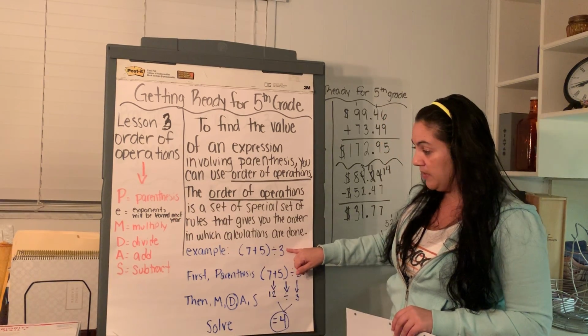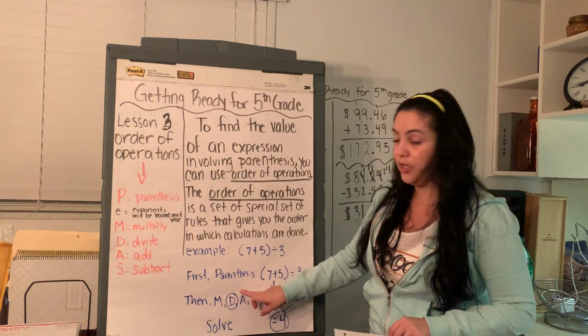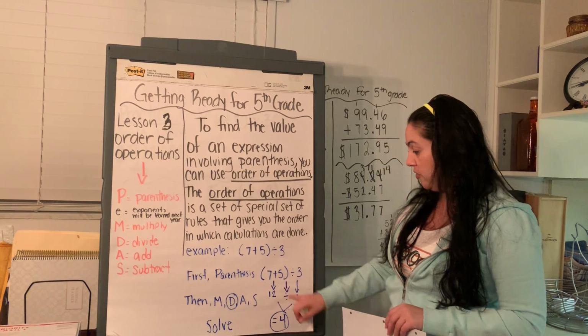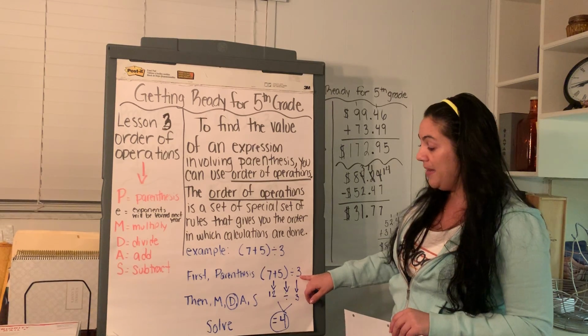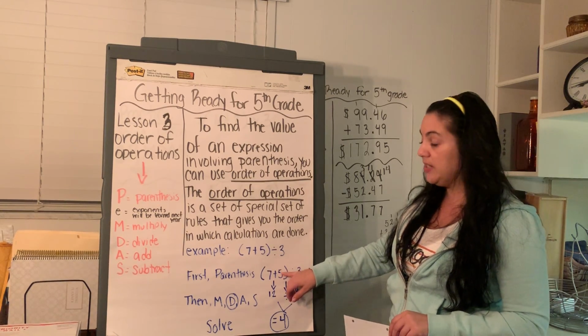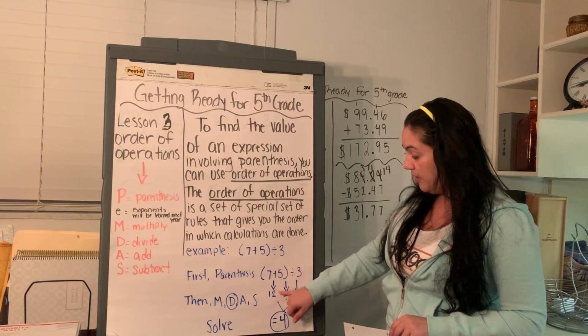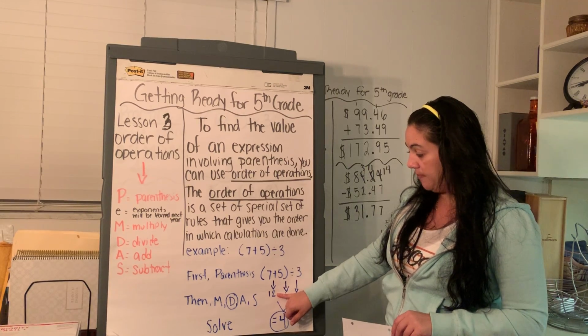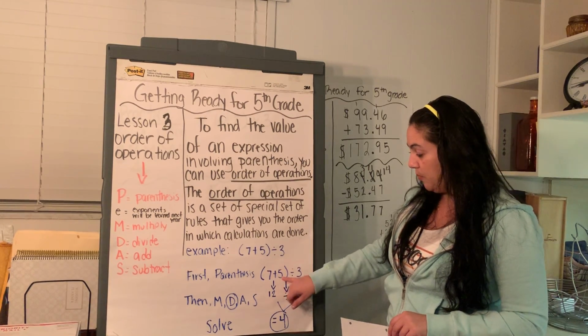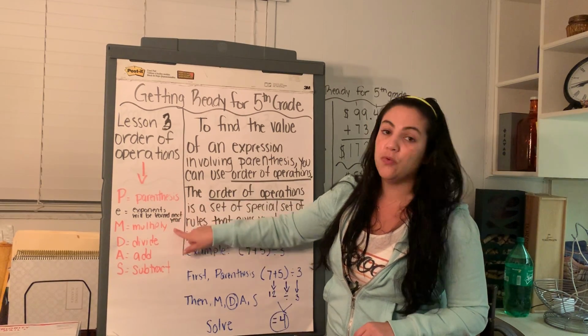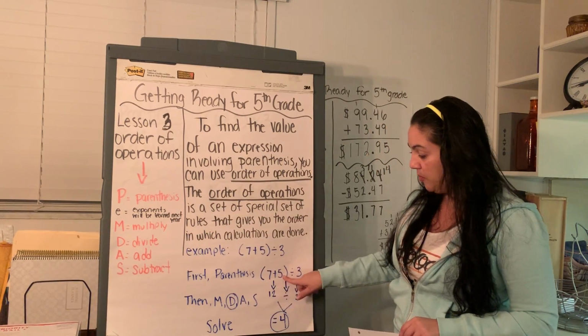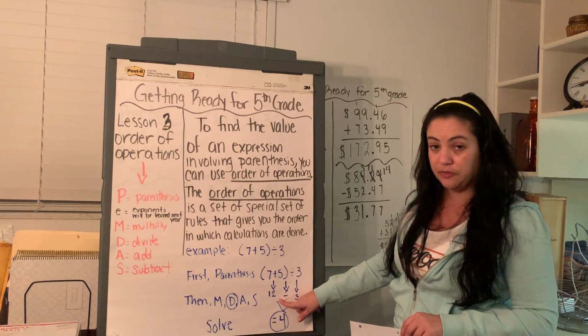In this example, first we're going to solve what's inside the parentheses. I'm going to write my expression, then I solve what's inside the parentheses. I bring down my answer, and then my next step is to bring down the rest of the equation. Here, I follow my next order of rules. First I did the parentheses, 7 plus 5 is 12.